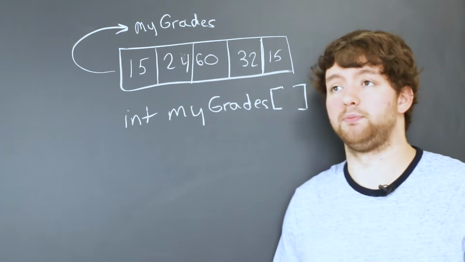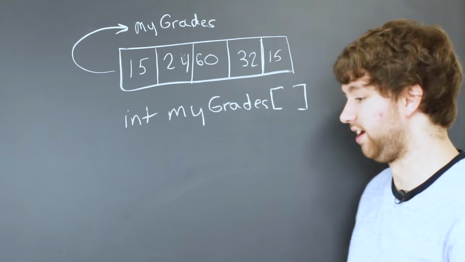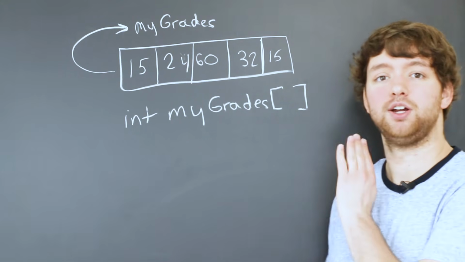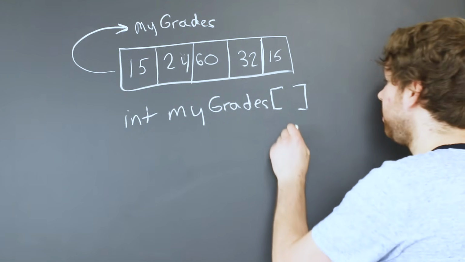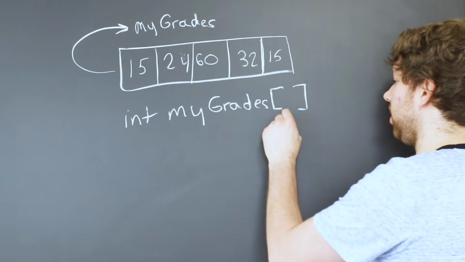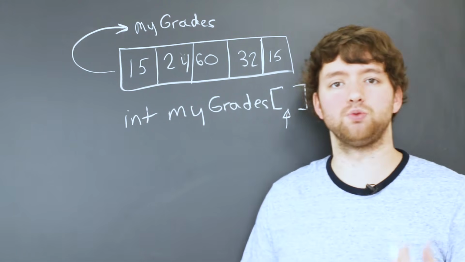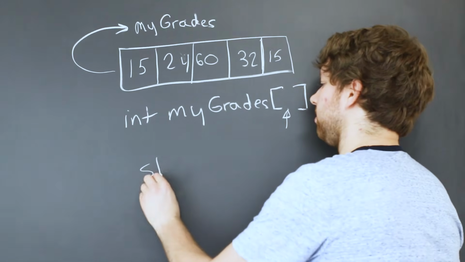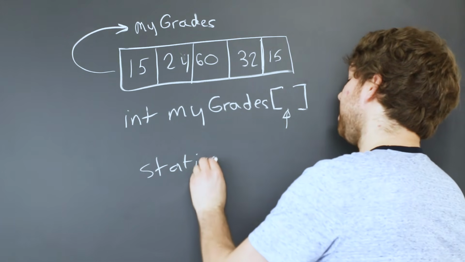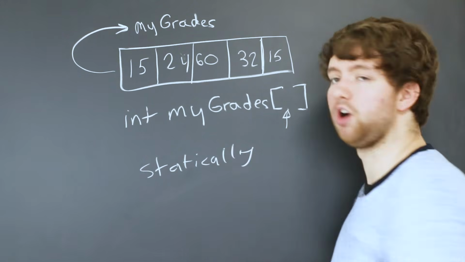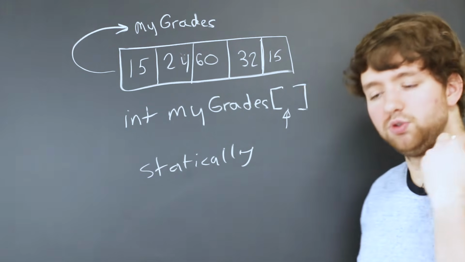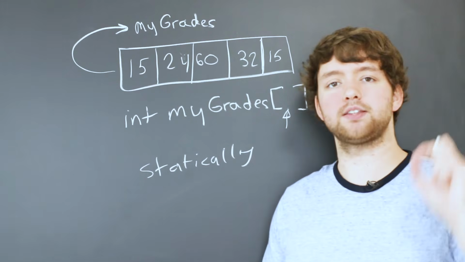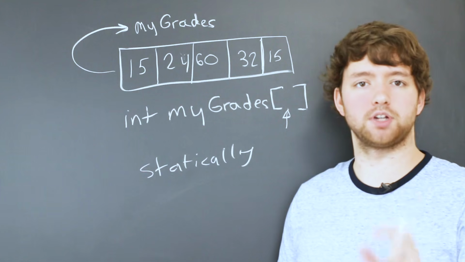So now that I'm done with that little chat, let's talk about how this works. Within these square brackets, you need to declare a size. An array is statically sized, which means that the size cannot change. You say what size it is, and that size is known at compile time.